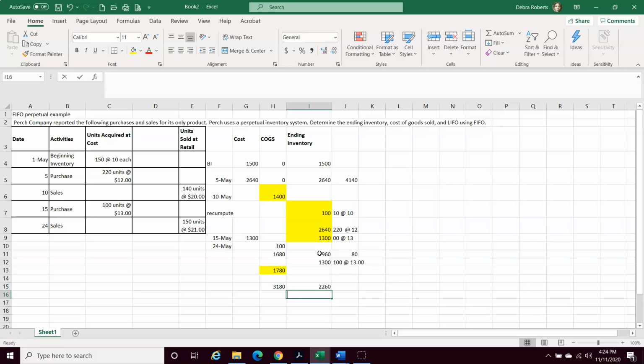So for FIFO, ending inventory is $2,260. Our cost of goods sold is $3,180.